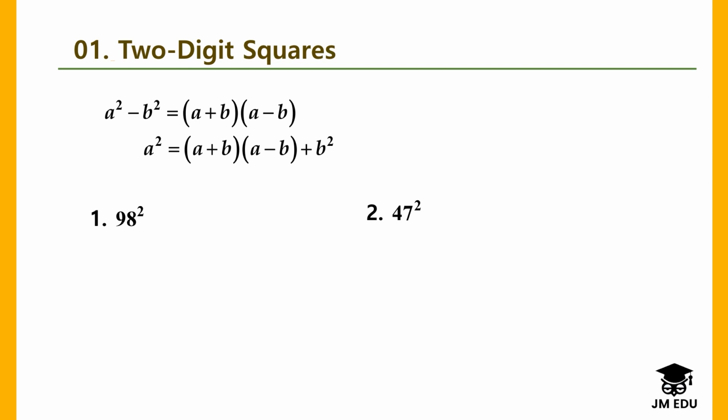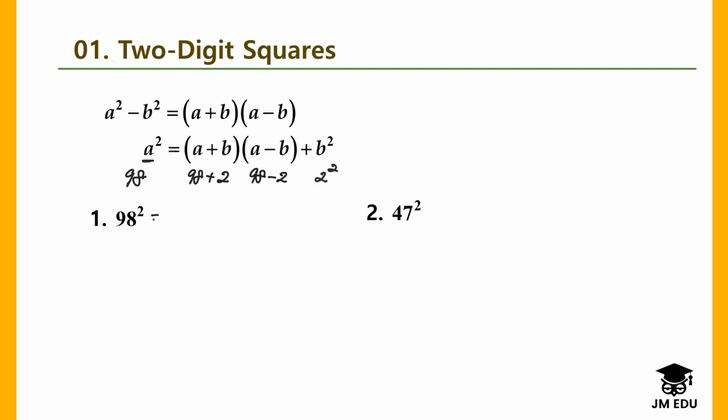So for number 1, we have 98 squared. Then I'll let a be equal to 98. Then 98 squared is 98 plus b, if I let b be equal to 2, 98 plus 2, 98 minus 2, plus b squared, 2 squared.